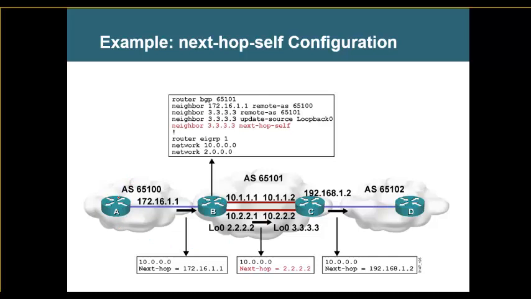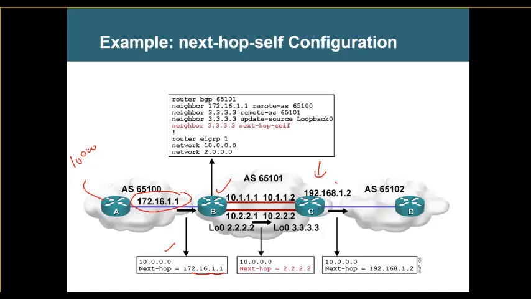There is a network called 10.0.0.0 in router A. That network is advertised with the next hop 172.16.11.1 to router B. But router C doesn't know about 172.16.11.1, correct?